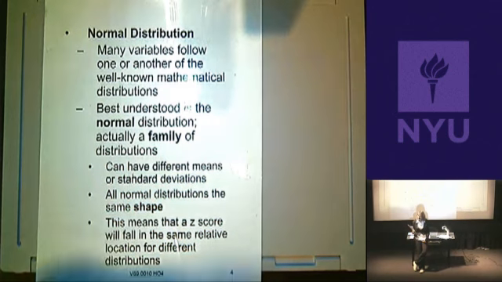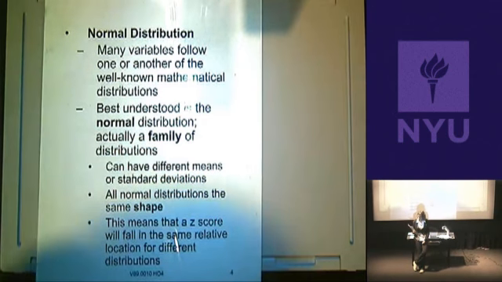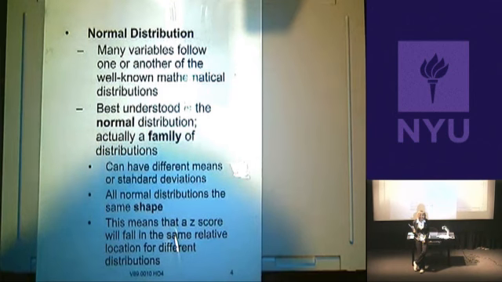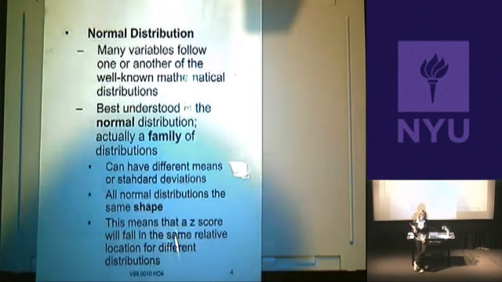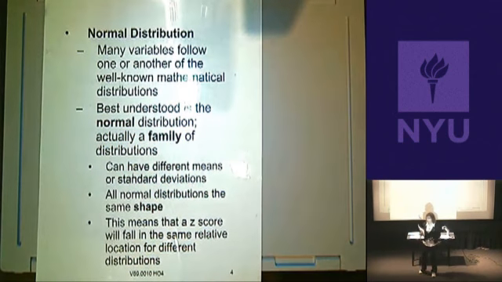There are a lot of variables that are normally distributed, meaning they have the same characteristic shape, but the means and the standard deviations are different. So for example, height might be normally distributed for a given group, or weight might be normally distributed. But the means and the standard deviations are going to be different. The shapes will be the same.